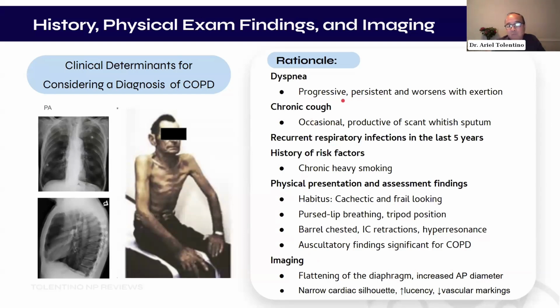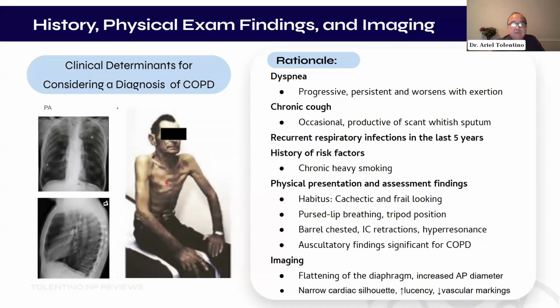Going further into the details of the rationale, we see in the case we have dyspnea, which is progressive, persistent, and worsens with exertion. The patient had the chronic cough productive of scant whitish sputum. They noted the recurrence of respiratory infections in the recent 5 years. Patient was a heavy smoker. And the physical assessment findings point to a cachectic patient that's very frail looking, with pursed lip breathing.